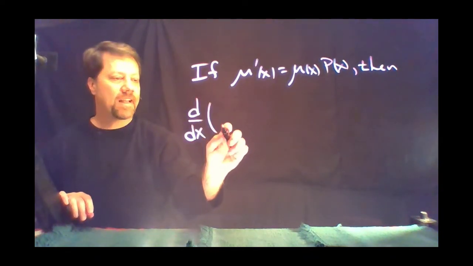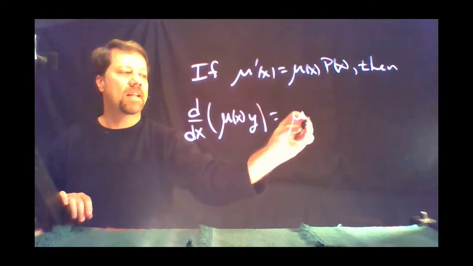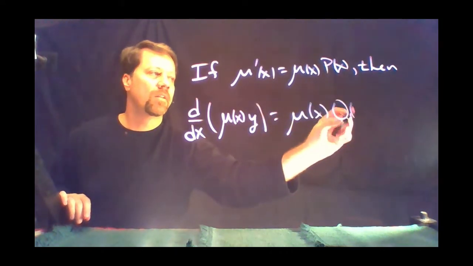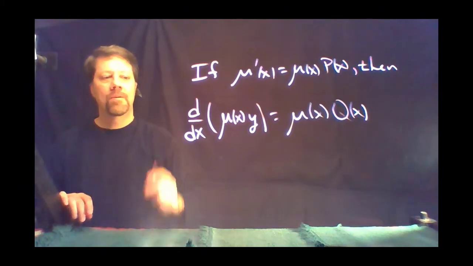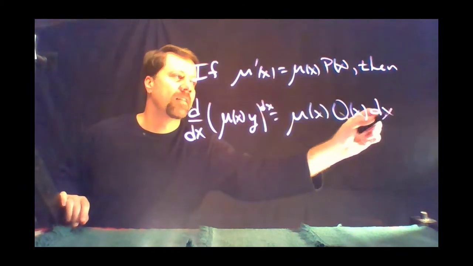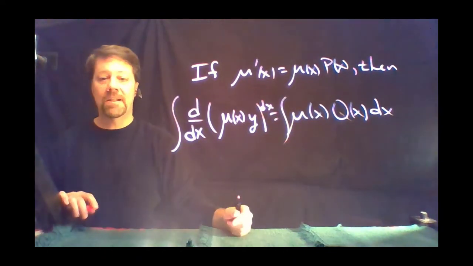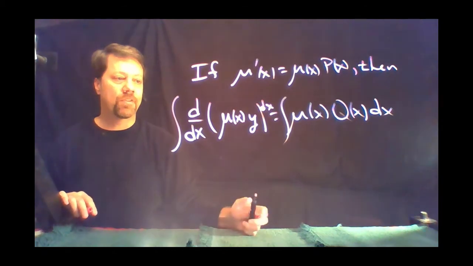The left-hand side is the derivative of mu of x times y, and the right-hand side is mu of x q of x. What's nice about this is that if we multiply both sides by dx, we can integrate. The right-hand side just depends upon our ability to integrate the product of two functions.